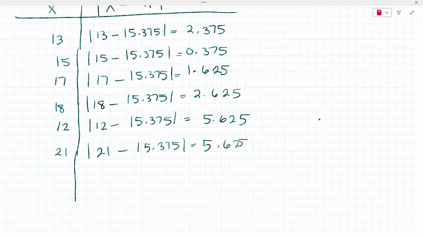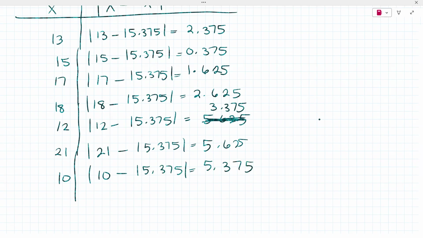I made a mistake on 12. It should be 3.375. And then on 10, it's going to be 10 minus 15.375, which is 5.375. And then the last one is 17. So it's 17 minus 15.375, which gives you 1.625.